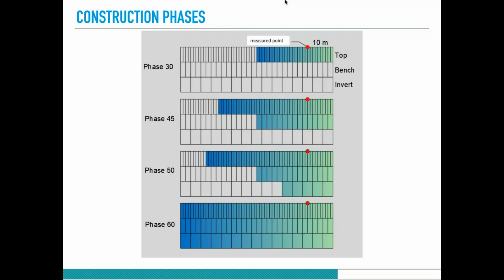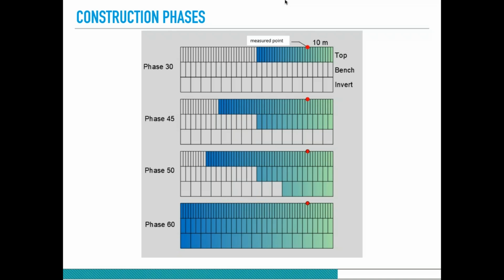Then, at a specific point, which I have defined here 10 meters from the face of the tunnel, when the settlement of this point has stopped, or at least doesn't change so significantly after a phase, then I start to excavate the bench with a rate of 2 meters.